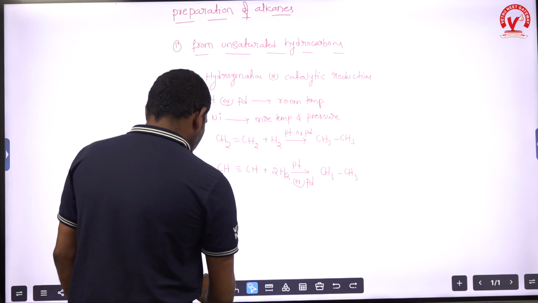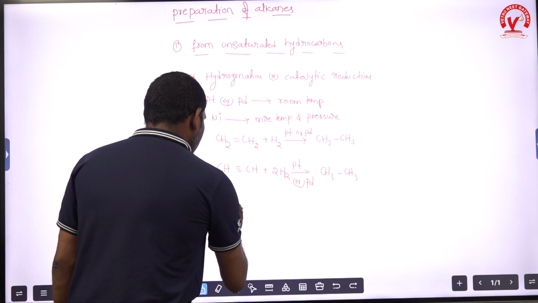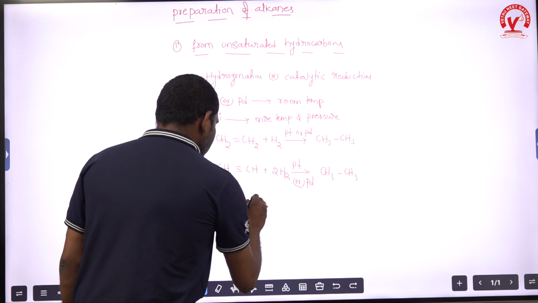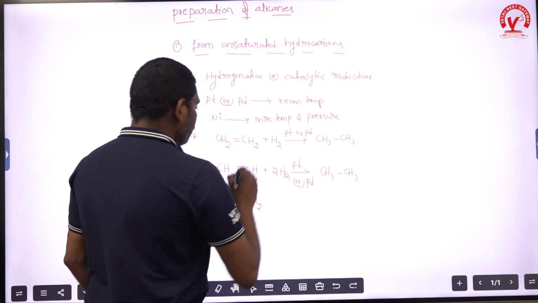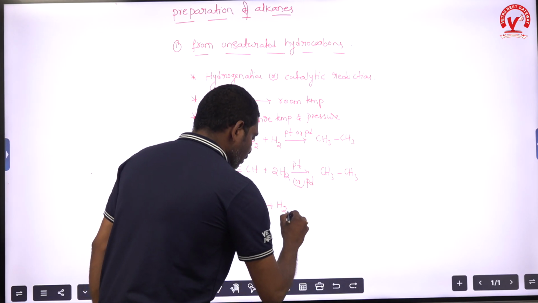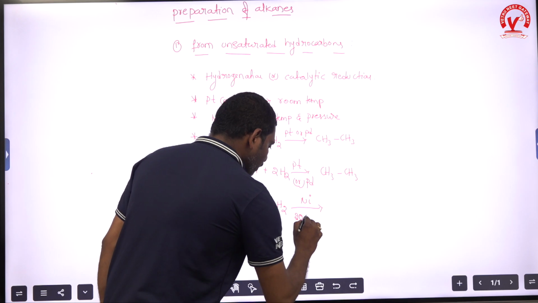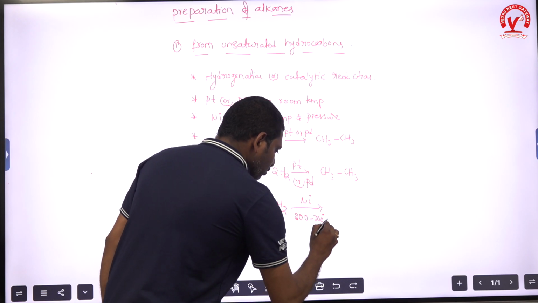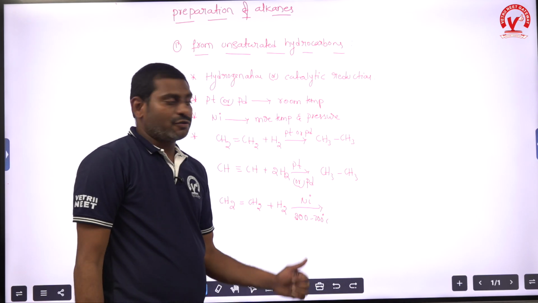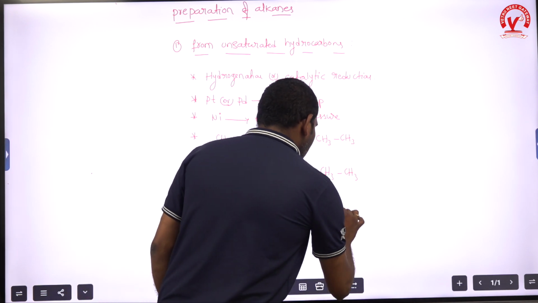But if we take the nickel catalyst, it requires 200 to 300 degrees Celsius to convert to alkane.